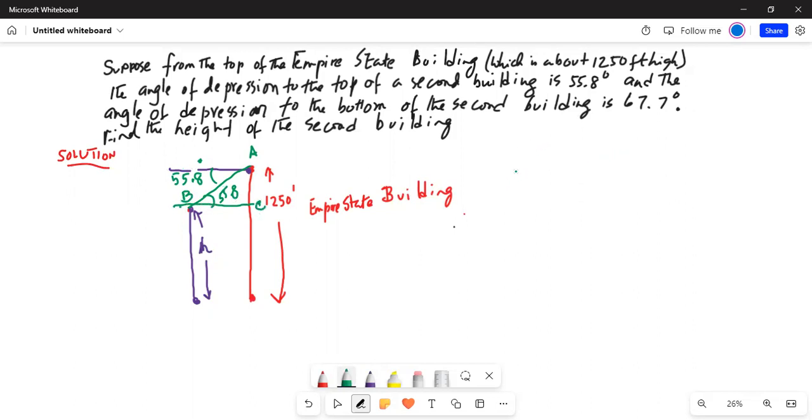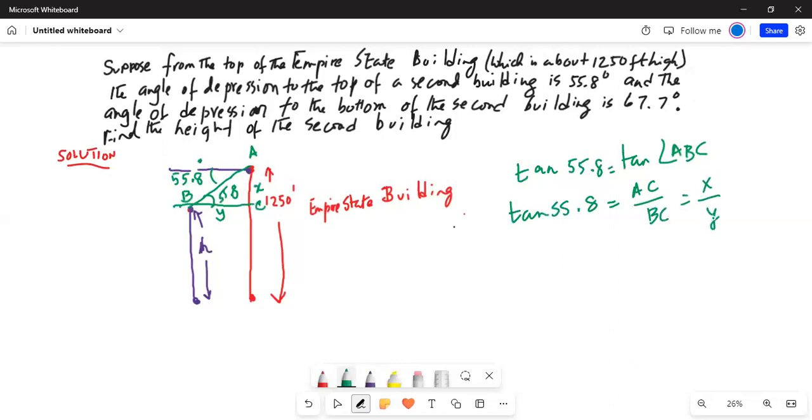So if we use trigonometry, tangent of 55.8, which is tangent of angle ABC, is AC over BC, which we can call x over y, where x is AC.